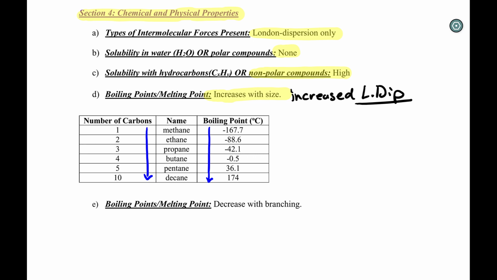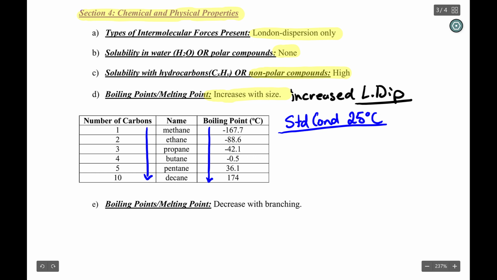A general rule I like to keep in mind: at standard conditions, essentially 25 degrees Celsius and an elevation of sea level, an atmosphere of 1 atmosphere, carbons 1 through 4 compounds are going to be gaseous.